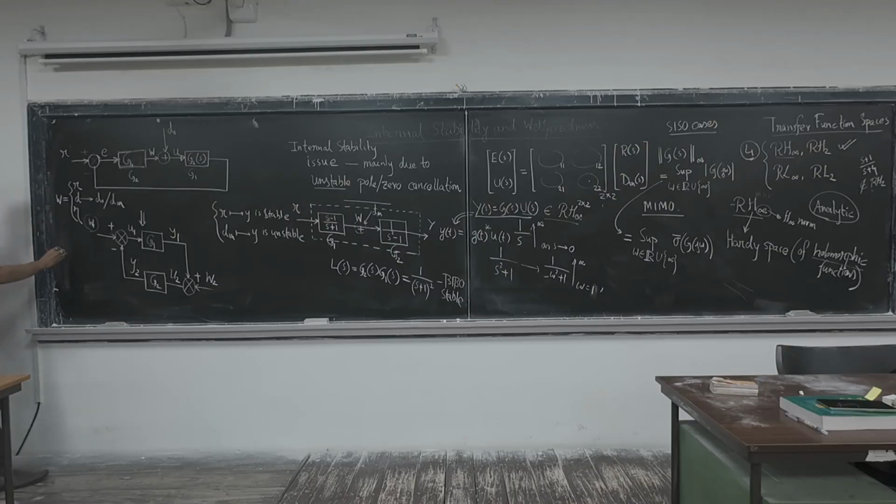One is W, then the second one is U. Generally U stands for the control input. Another one after that is Z. Z means objective signal. After that Y and YM. Y means output, YM means measured output.